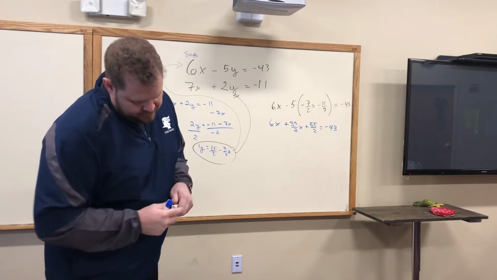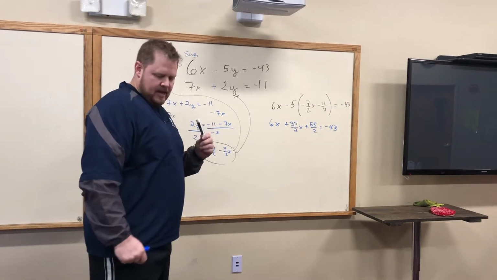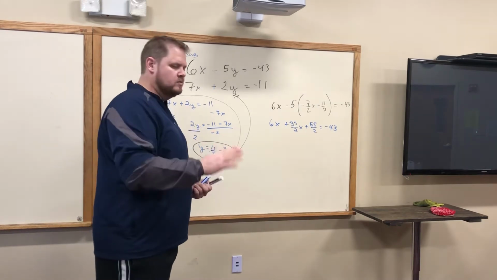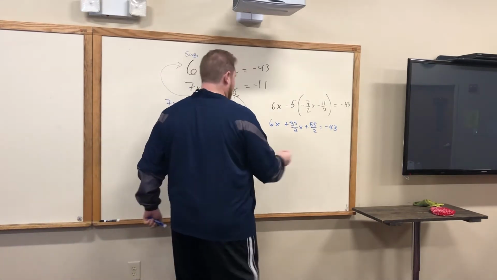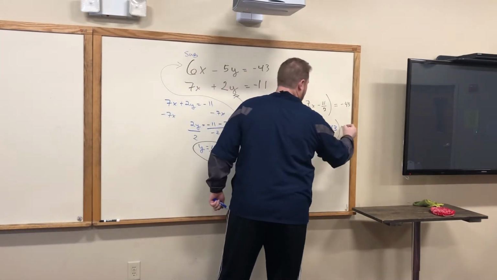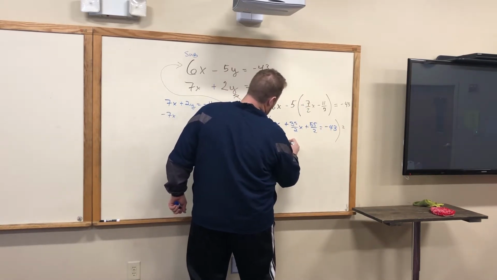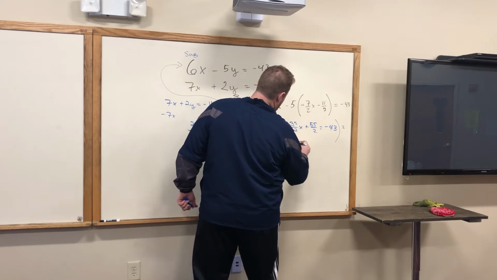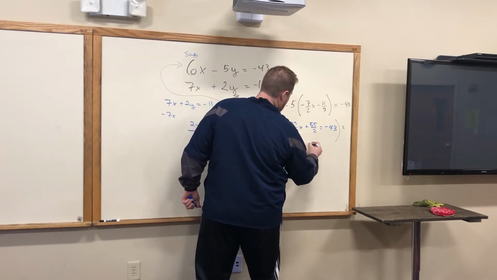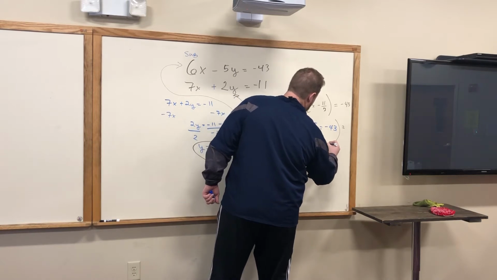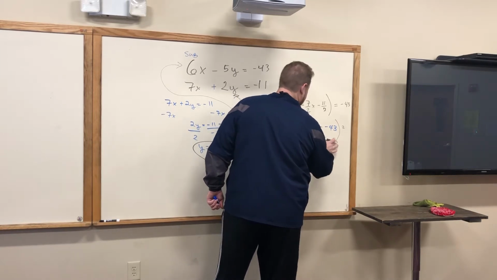Now combine like terms. The quickest and easiest way to do that is to get rid of the fraction. How can I do that? Multiply through the whole equation by 2. If I do that, you're left with 12x plus 35x plus 55 equals negative 86.